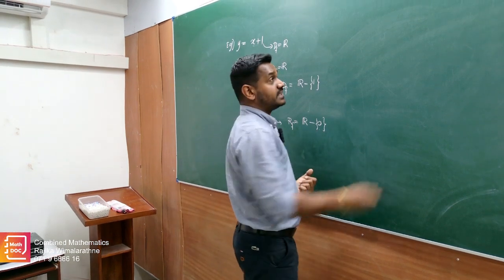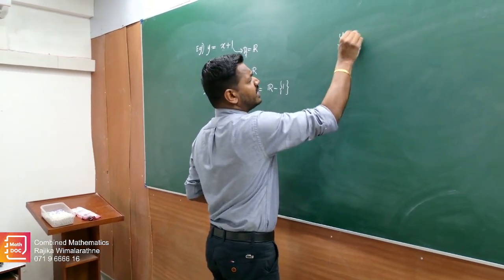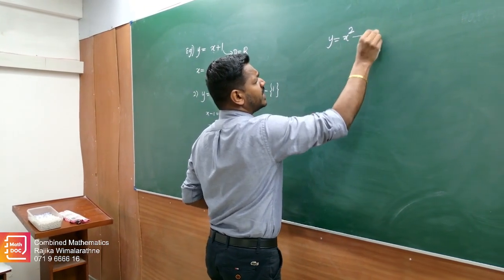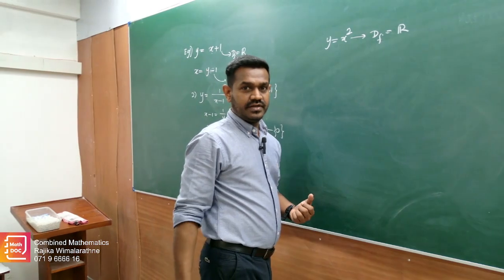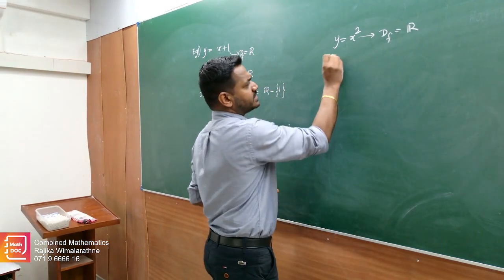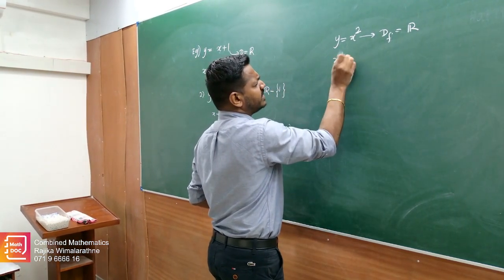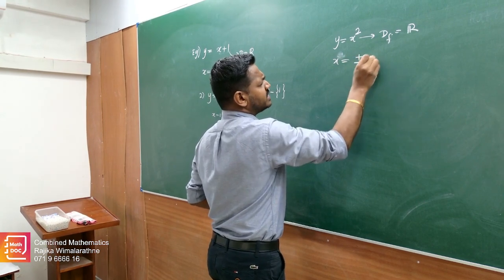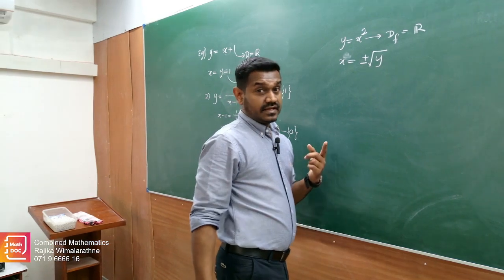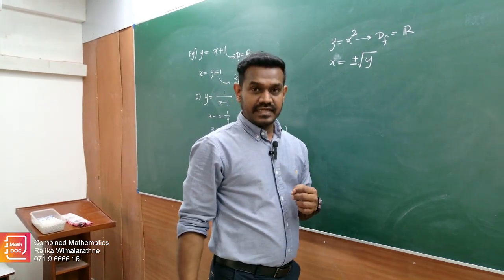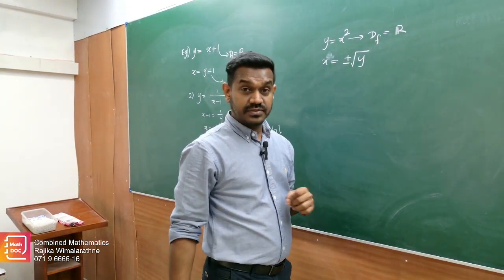So see this one: y equals x squared. Here the domain is any real value, which is possible since it is a polynomial. Then you subject x, so x equals plus or minus the square root of y. Then we check possible y values.